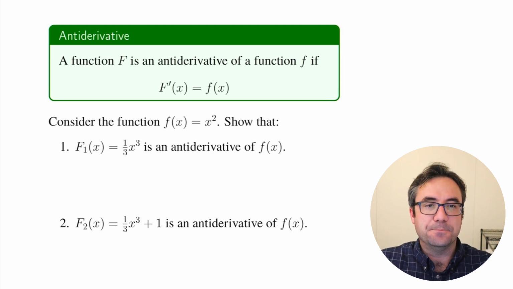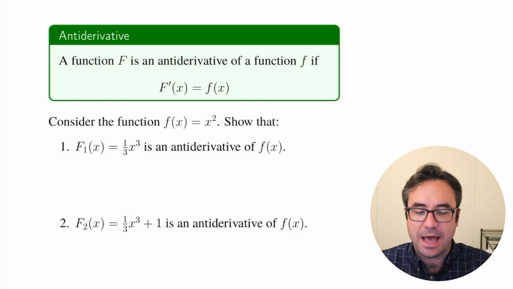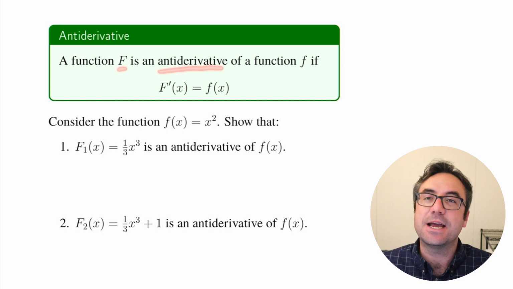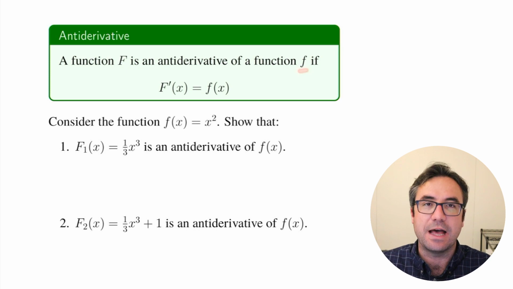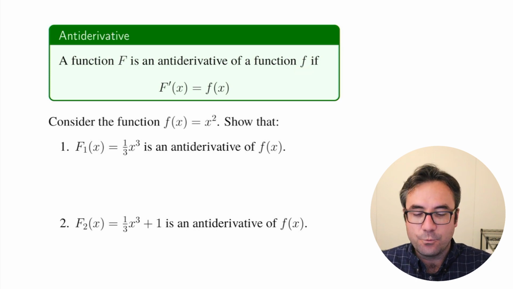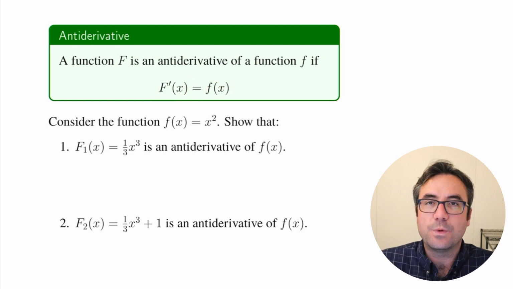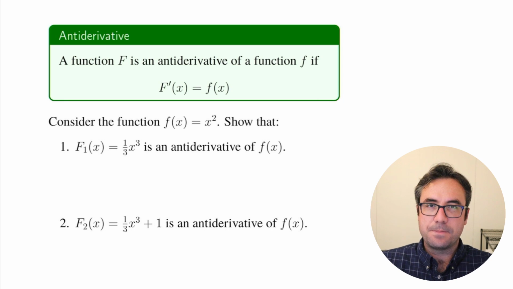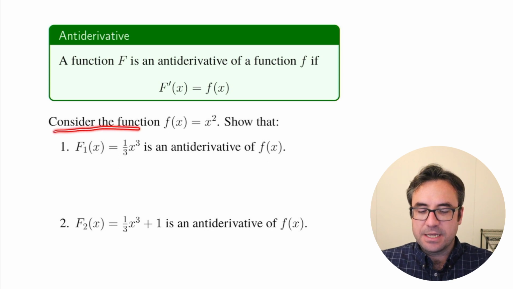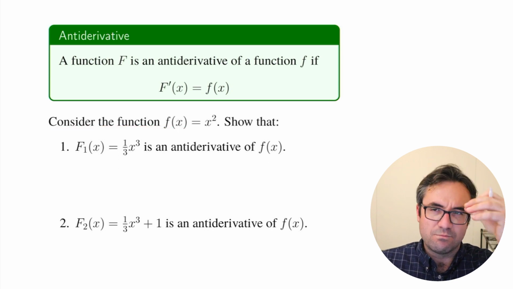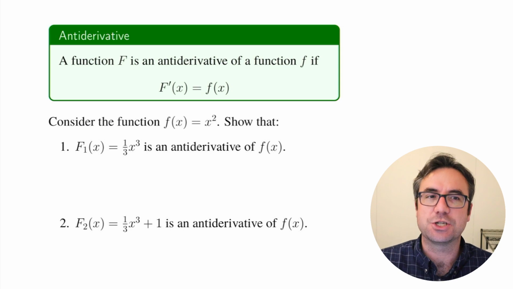All right, so let's read through this. A function capital F is said to be the antiderivative of a function little f if we differentiate the antiderivative and we get the function little f of x. So this is the definition. And we're going to try a little example just to think about what this definition means.